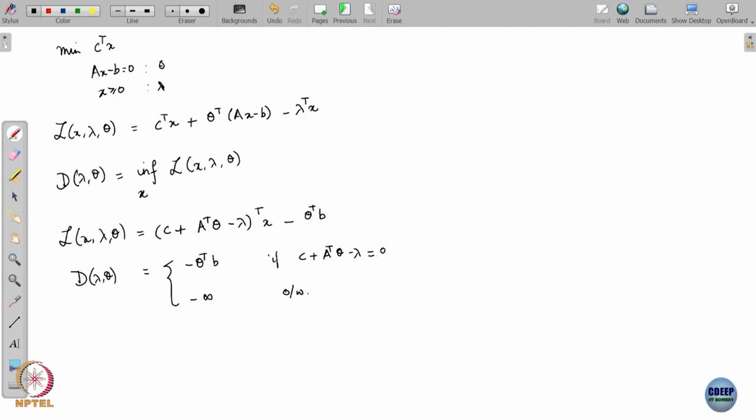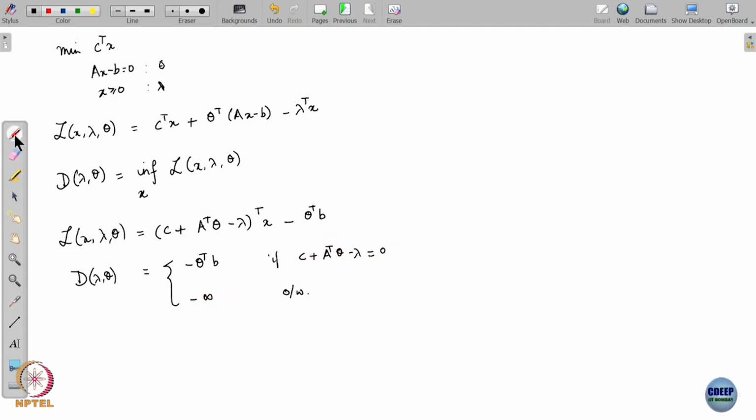Whenever this is not equal to 0, you can choose a suitable x to drive the value down to minus infinity. So it is equal to a real value, minus theta transpose b, so long as theta and lambda satisfy this equation; otherwise it is minus infinity.